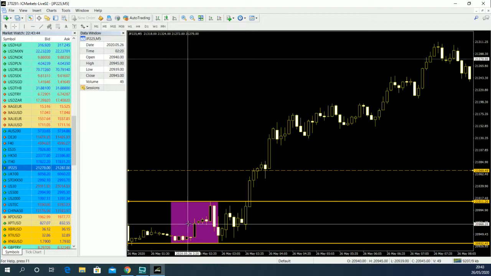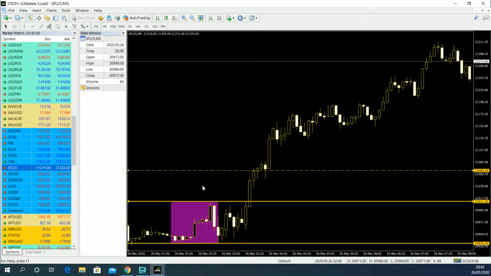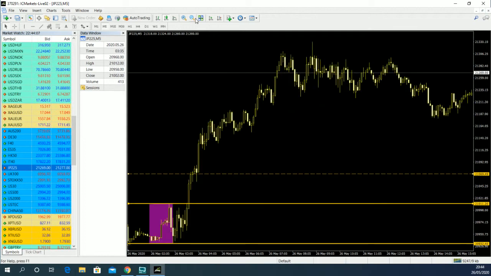And your take profit target is here. Let's call this one 78 pips, or let's just round it up to 80 pips. So you are looking for 80 pips. But remember, your stop loss will be at this line here. This lower line is your stop loss since you are buying.